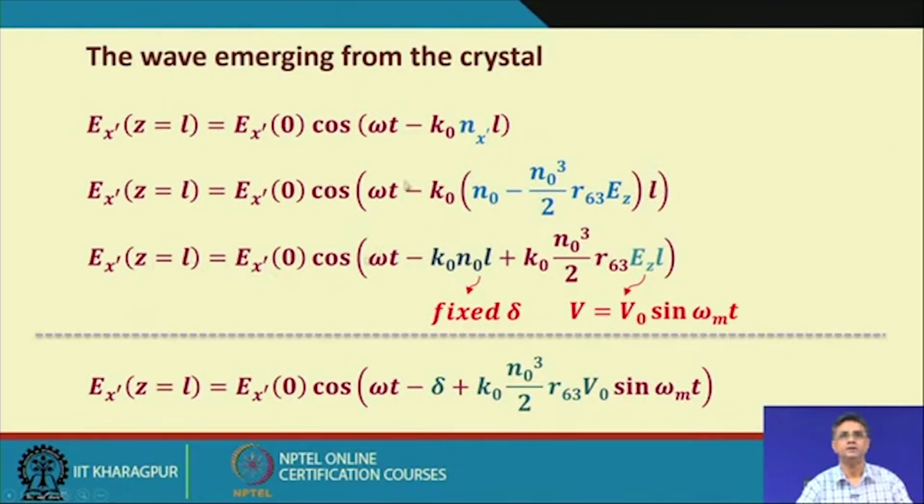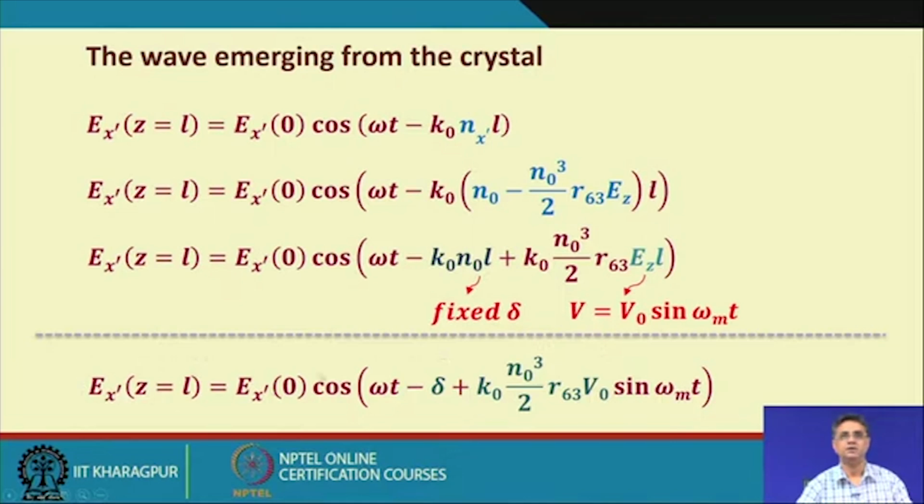Then from here, if you open the bracket, k 0 n 0 L is fixed, and this is the natural phase because of the propagation of the light through a length L, but this one is the phase which is because of the electric field E z for propagation of length L. Here E z into L is nothing but V 0 sin omega t as per our assumption.